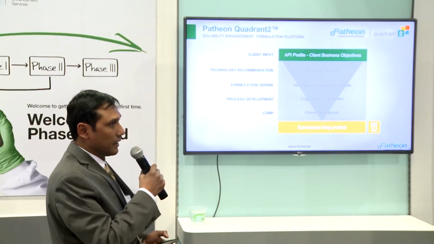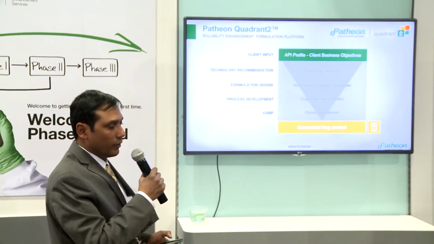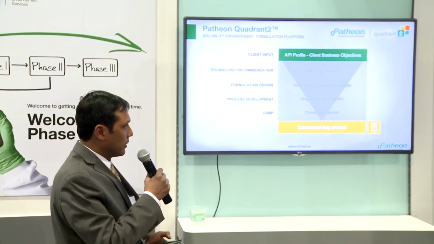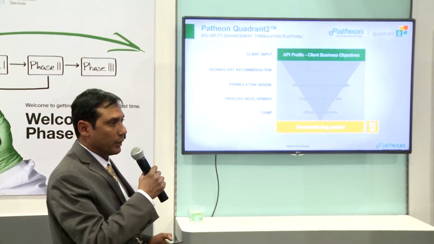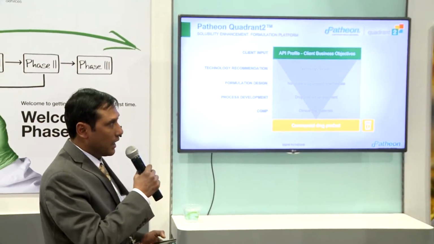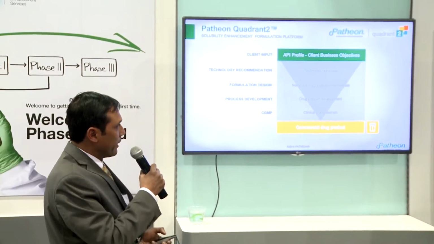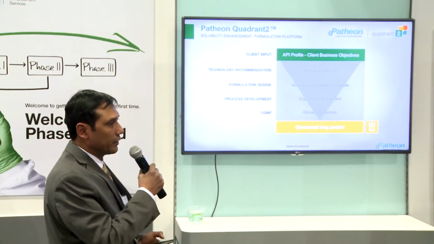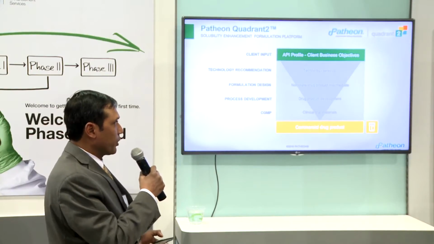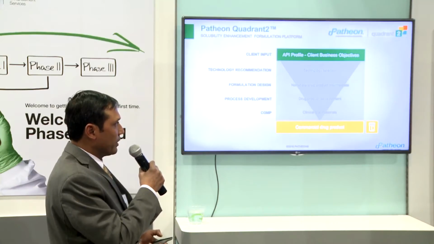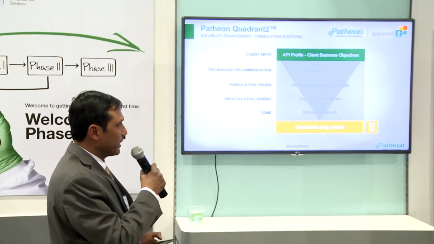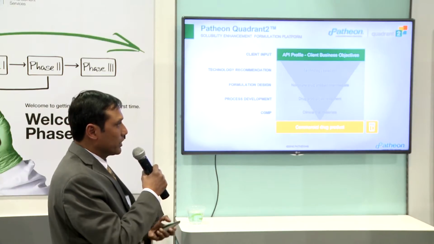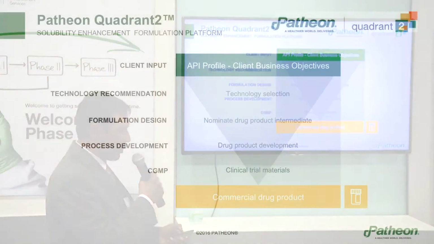Based on that, we select the technology, and then we do more molecular modeling, which my colleague Matt Wessel will go into in depth in the second half of this talk. And we nominate a drug product intermediate, leading to a drug product development program, eventually clinical trial materials, and hopefully commercial drug product. This whole approach is what we call Quadrant2.